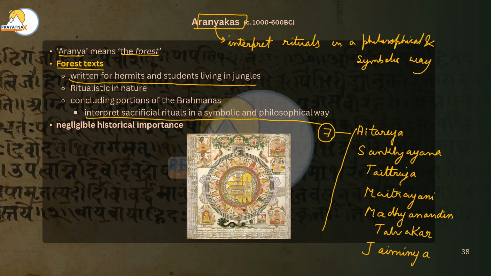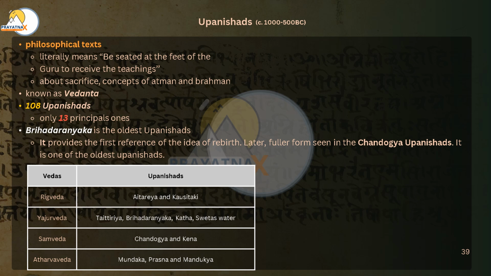So, moving on to a very important part of the literature, which is the Upanishads. Now, the word Upanishads literally means to be seated at the feet of a guru and to receive the teachings. Now, it contains a great variety of philosophical ideas about sacrifice, the body, the universe, and it is most closely associated with the concept of Atma and Brahman, as we know.